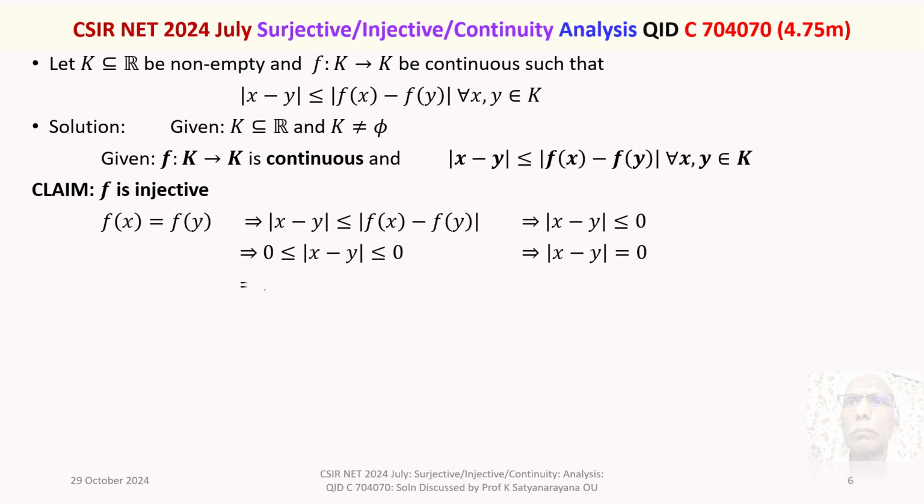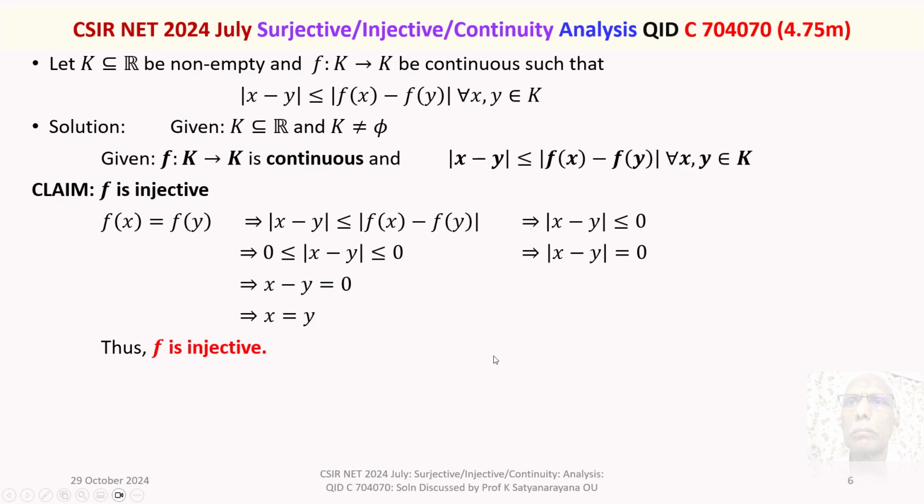This implies mod of x minus y is equal to 0 if and only if x minus y is equal to 0. x minus y equal to 0 will imply x is equal to y. Thus, whenever f(x) is equal to f(y), we get x is equal to y. This shows that f is 1 to 1, that is f is injective. This is required for us while we discuss the solutions of the options.